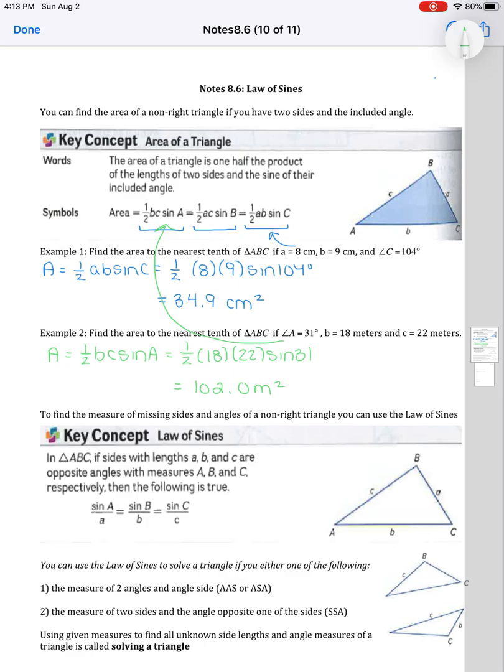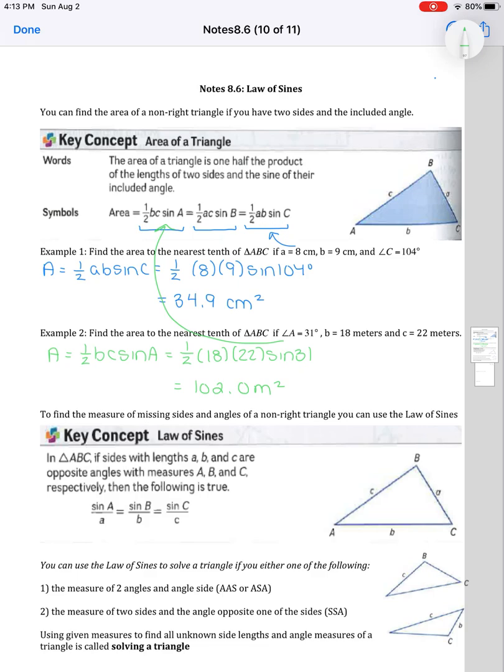And you're going to use the law of sines to solve a triangle if any one of the following conditions is true. So you have the measures of two angles and a side, either angle-angle-side (AAS) or ASA. The measures of two sides and the angle opposite, so that's SSA, which is not one we have ever used, but you're not actually using it. It's just what information is given to you.